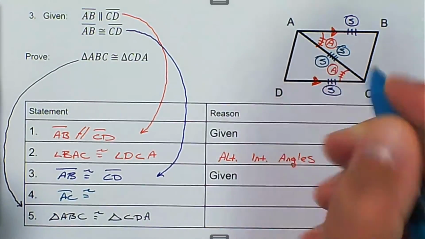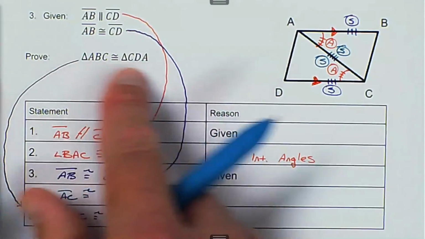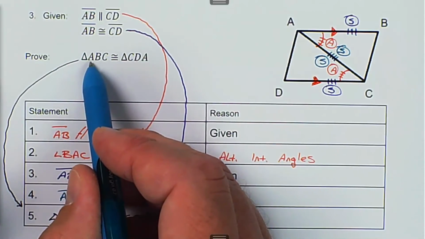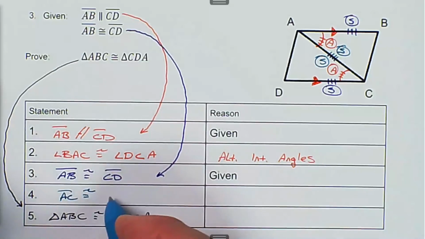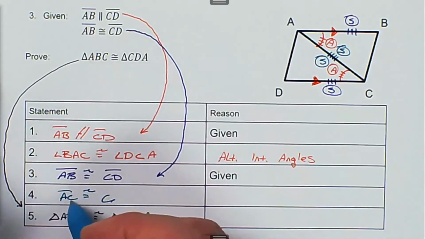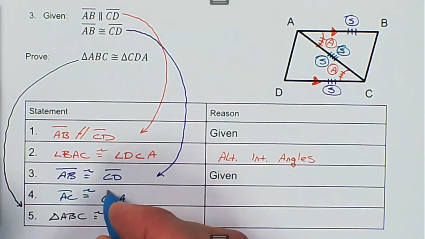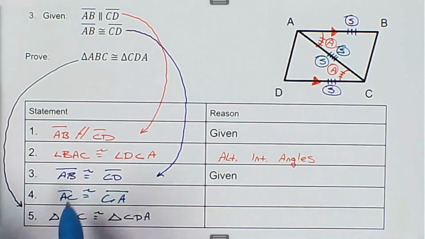And again, I'm going to use the way they name this triangle over here to make sure I name it correctly. So A is first, so that should match up with C. C is last, so that matches up with A. And so now I have line segment AC is congruent to line segment CA.